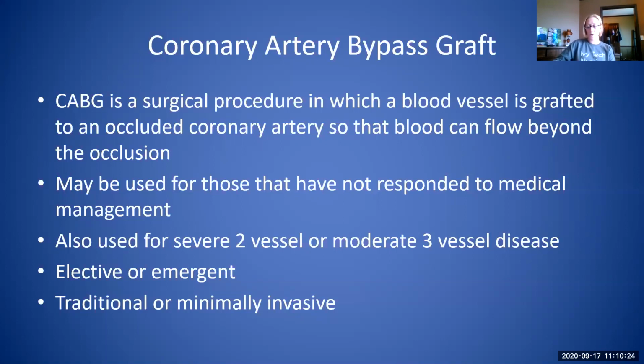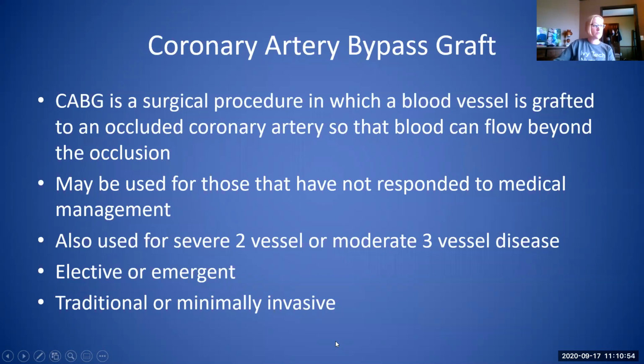I primarily want you guys to focus on the traditionally invasive CABG, so our typical sternotomy, typical heart bypass, but the minimally invasive ones are starting to become more frequent, but the traditional is still the most common cardiac surgery. The approach really depends on elective versus emergent, and the amount of vessel damage plays a big indicator too.